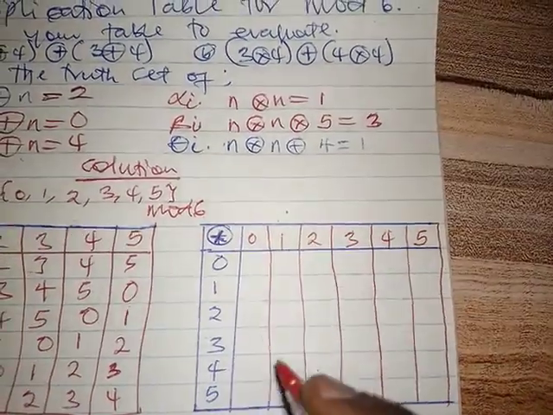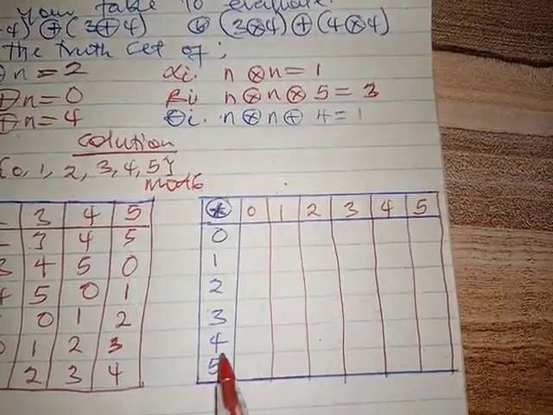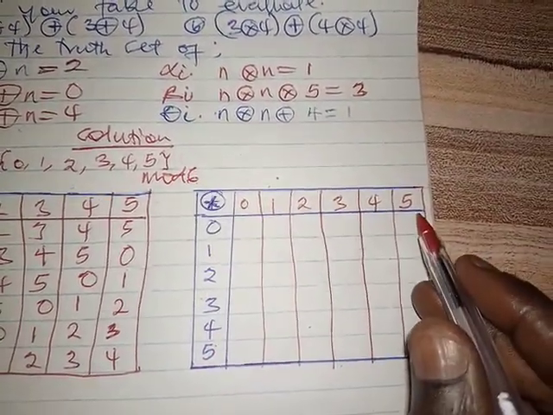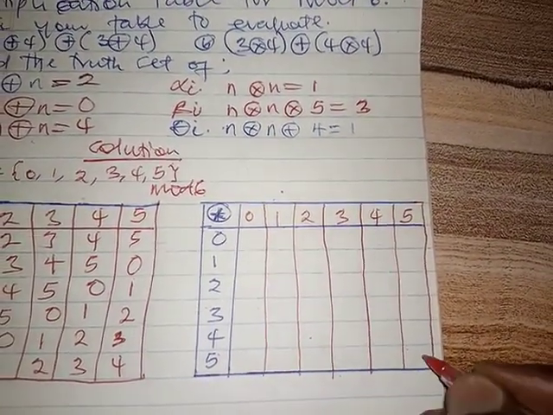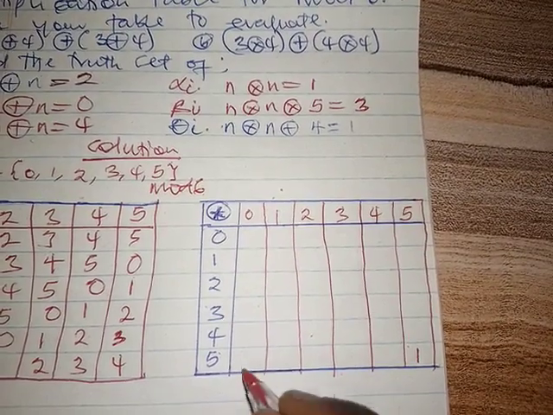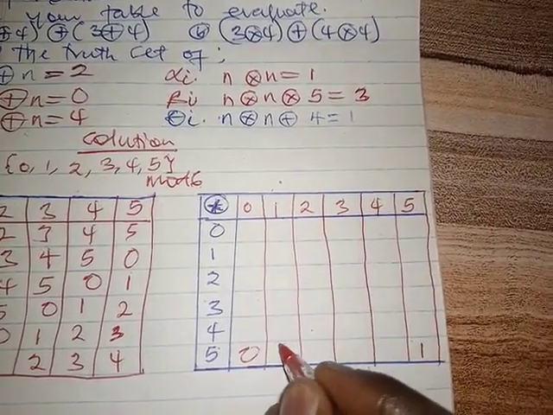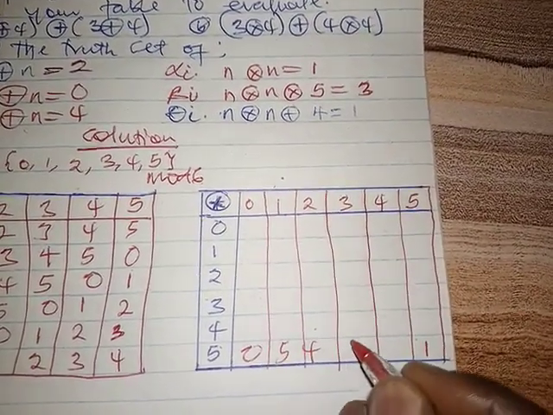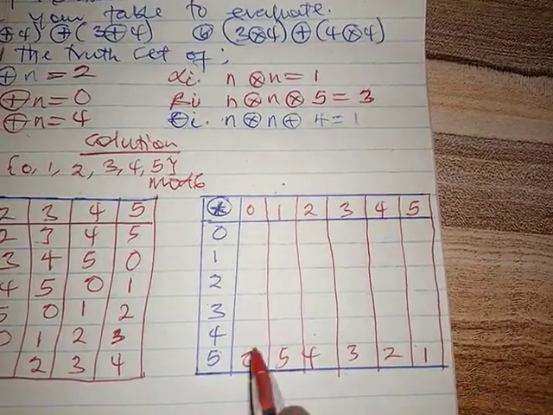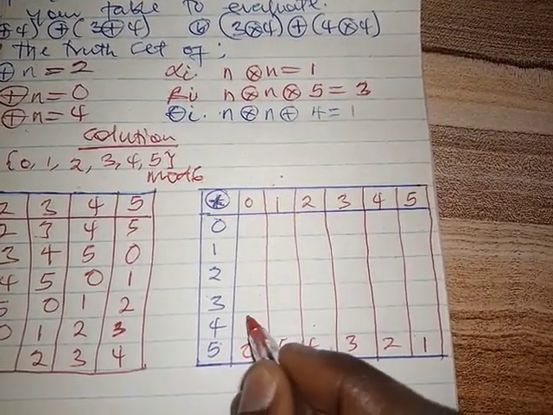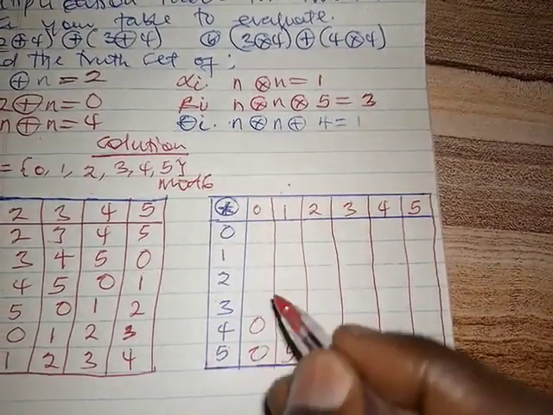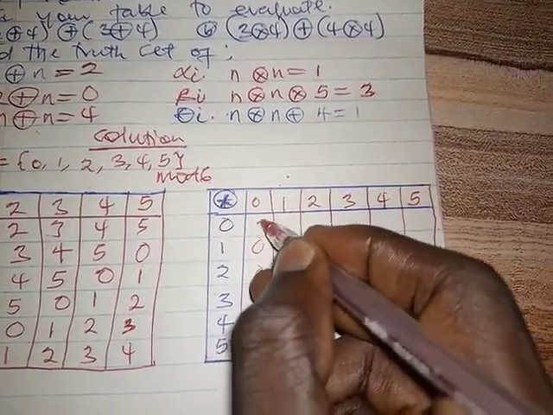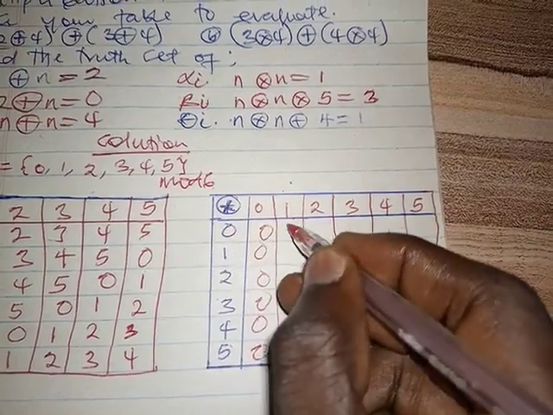Now when it comes to the multiplication, 5 times 5 is 25, 25 mod 6, 6 goes into 25, 4 remainder 1. I think these are the, let's say 5, 4, 3, 2, and we have 0, because all the numbers here times 0 will give you 0.